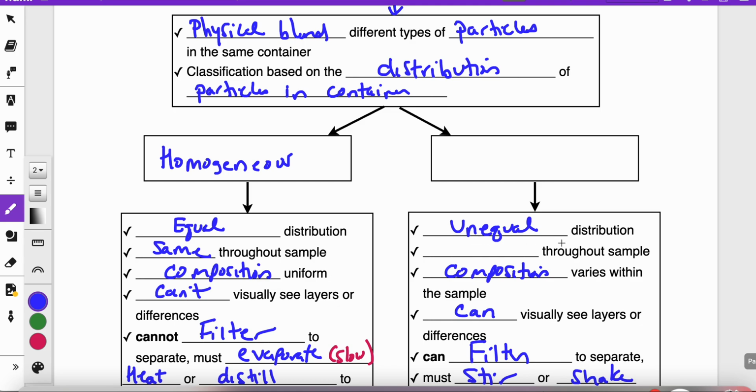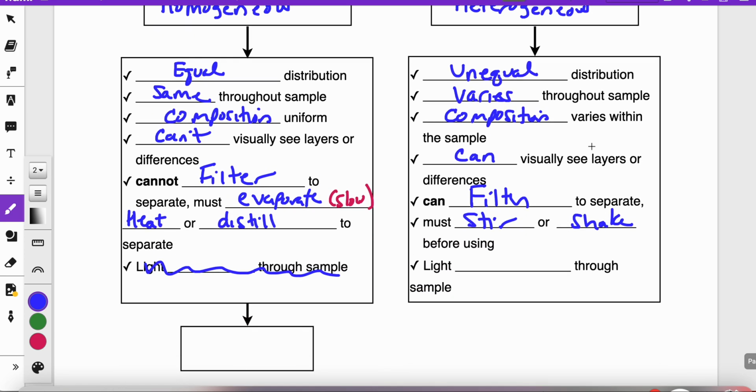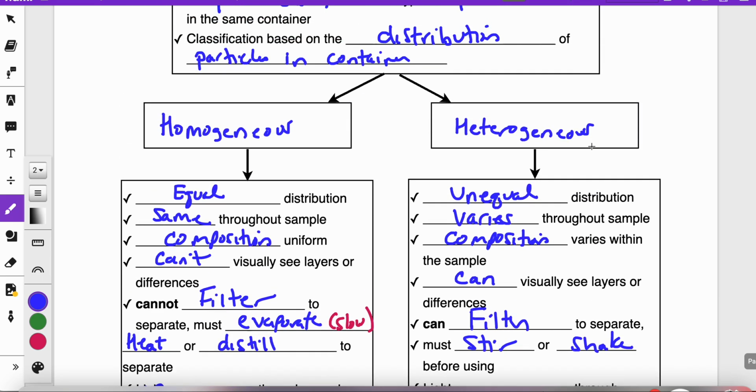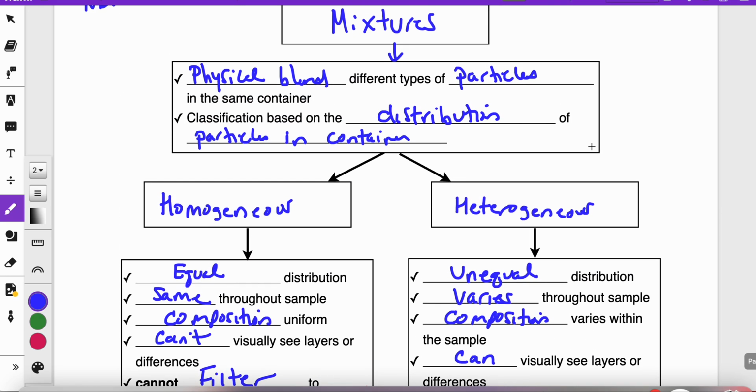Whereas we have an unequal distribution, the composition varies. So it varies through the sample. Then we refer to this as a heterogeneous mixture.